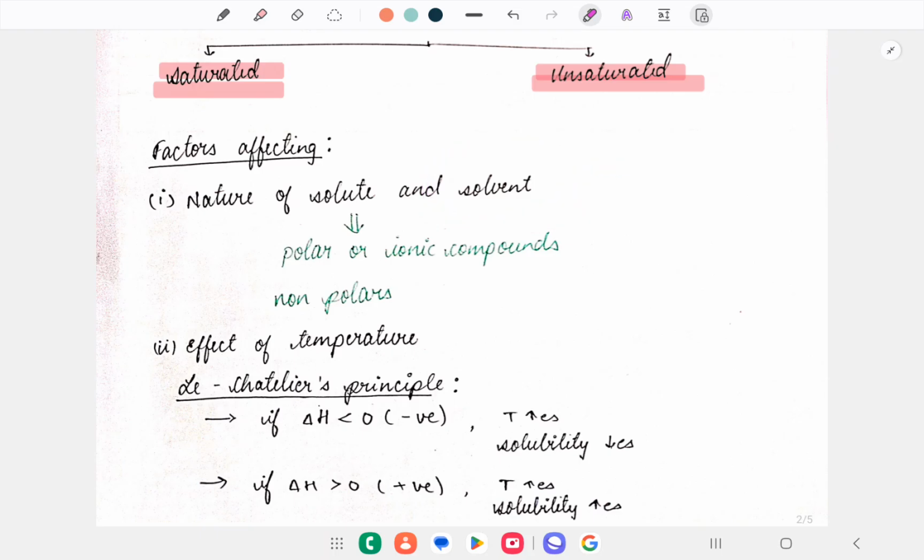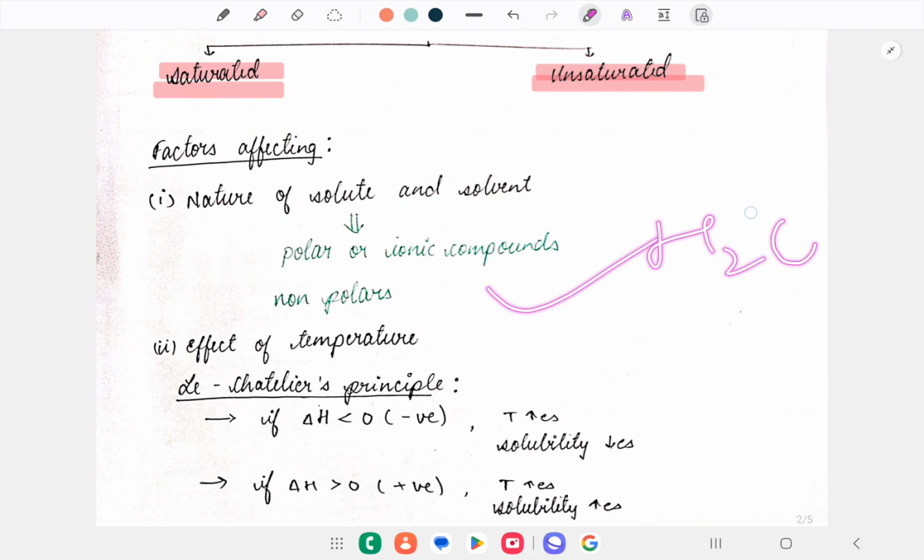We know that like dissolves like, so polar or ionic compounds like NaCl dissolve only in polar solvents like water, and they are almost insoluble in non-polar solvents like benzene. Similarly, non-polar compounds like naphthalene are soluble in non-polar solvents like benzene or ether and are less soluble in polar solvents such as water.